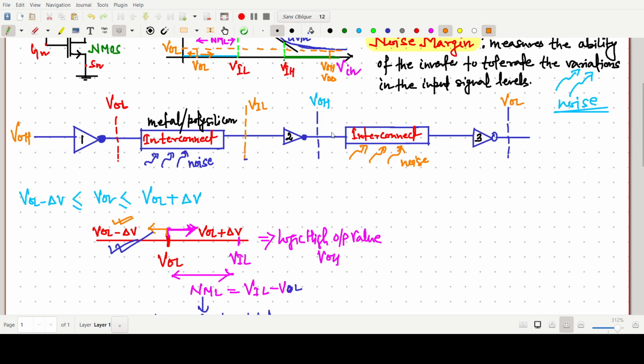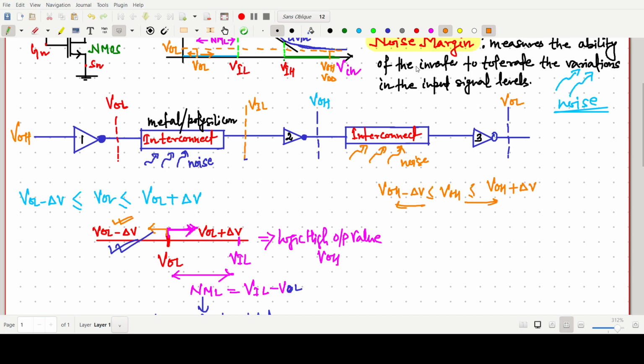The output of the second inverter gives VOH, and due to this noise, the VOH value may either increase or decrease by some voltage del V. Clear? I am saying this VOH is either this or this.